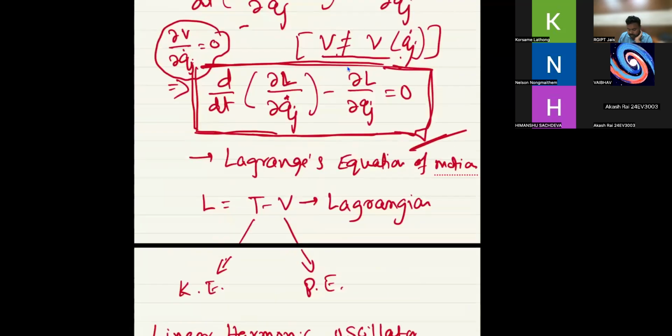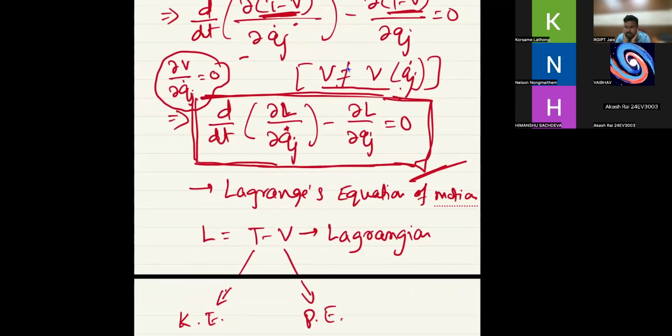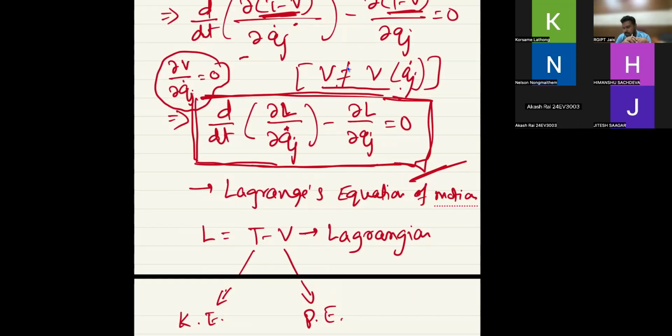You see, this is a theoretical concept, and using that virtual displacement, we came to this Lagrange's equation of motion. We took the help of virtual displacement to derive Lagrange's equation of motion at this point. So that's why I told you this is a theoretical part, that based on this theoretical framework, we get to solve the problem.